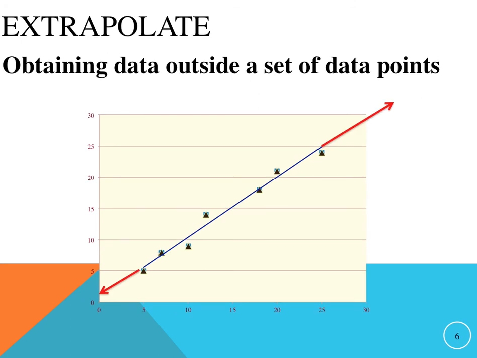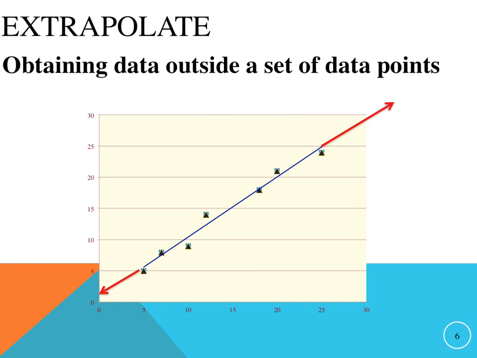If we can look inside data, we can look outside data sets. So extrapolate: we're obtaining data outside the data points we collected. We only collected data from 5 to 25, but we can extend our line and determine what 30 would be. We're predicting that. We're not really sure. We could keep collecting data points and the graph could suddenly drop.